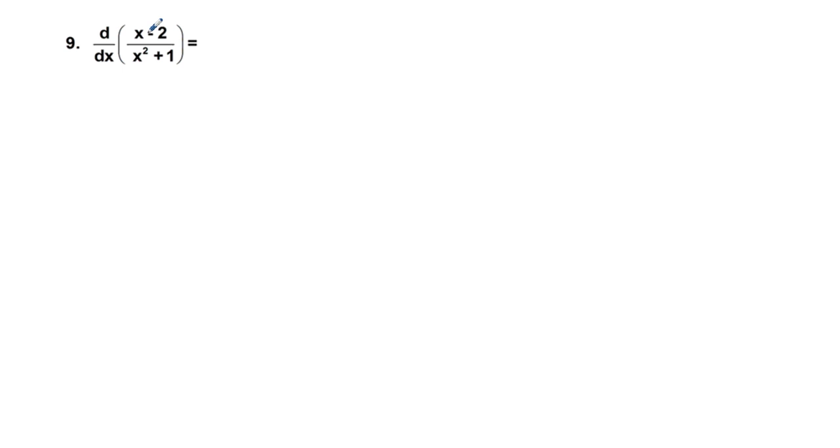The derivative of x minus 2 over x squared plus 1. Well, here I recommend using the quotient rule. And to do that, if we take the high value here in the numerator, we're going to get x minus 2.